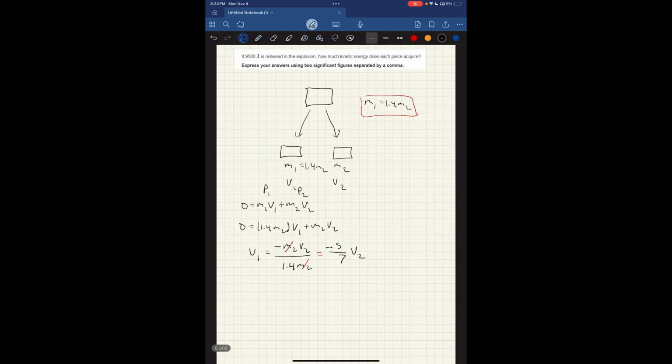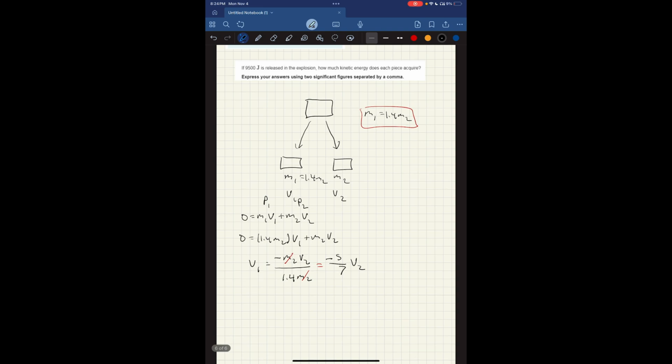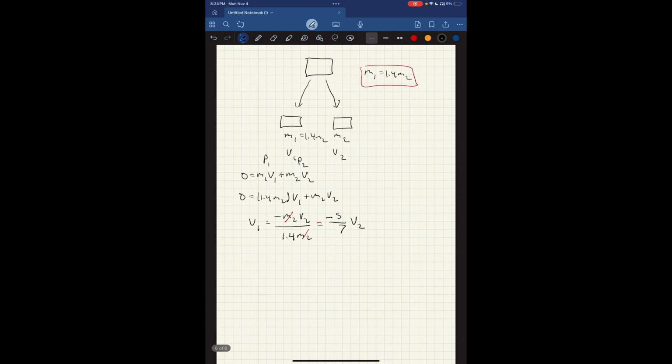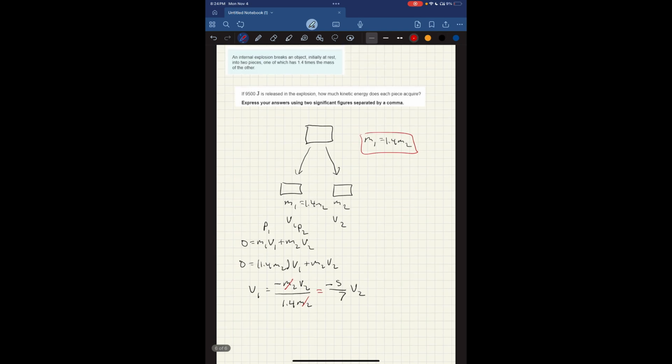Now we know that it's conservation of energy too, because 9,500 joules are released in the explosion. This is the initial energy that breaks up into two kinetic energy values.